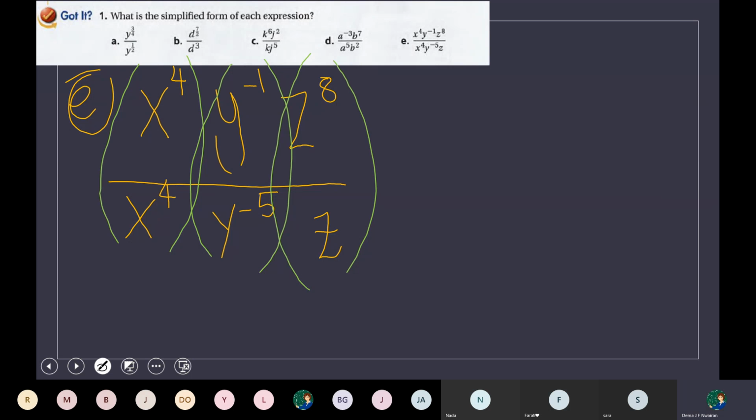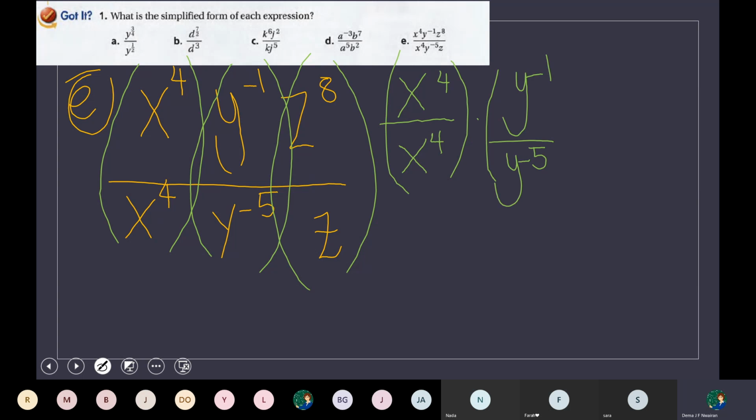I will rewrite it as X raised to 4 over X raised to 4 times Y raised to negative 1 over Y raised to negative 5 times Z raised to 8 over Z.